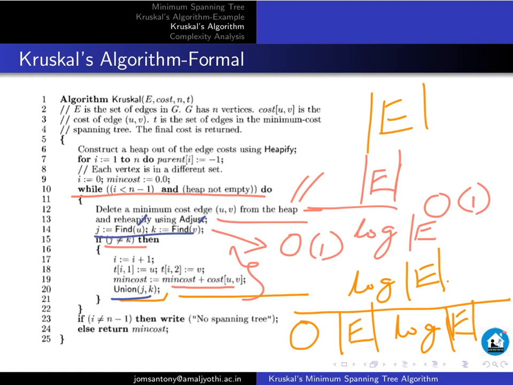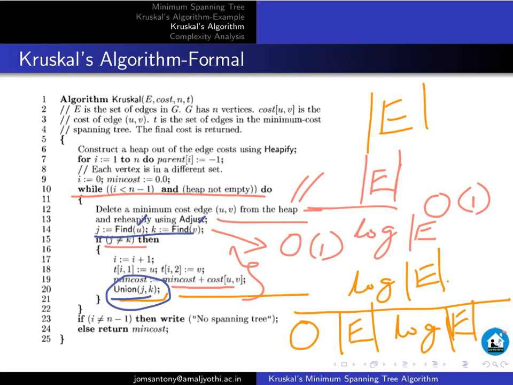You can also note that if j and k are different, then we are also applying a union of j and k. Essentially, when you perform find u and find v, you could understand that if j and k are different, it means that u and v are in separate sets. And now that you are establishing a path from u to v, all the things in j and all the things in k are now connected.